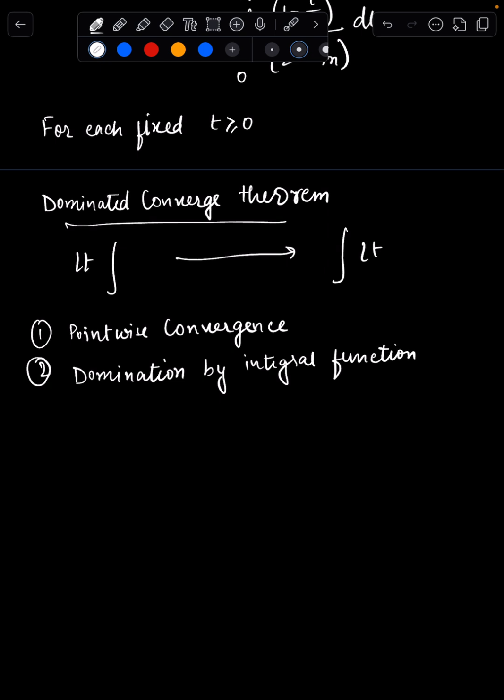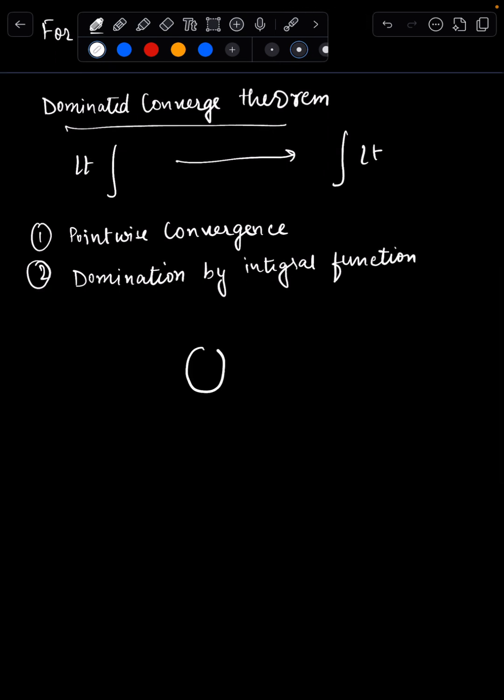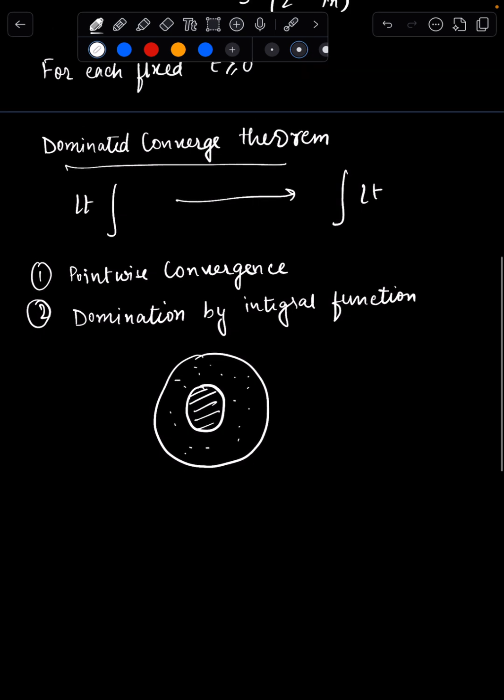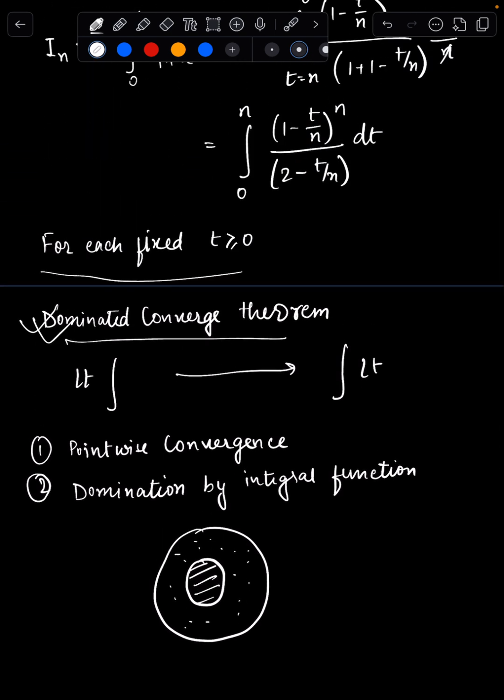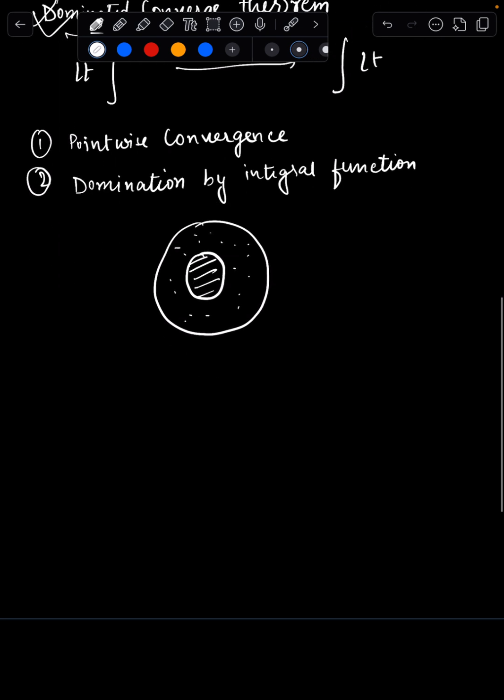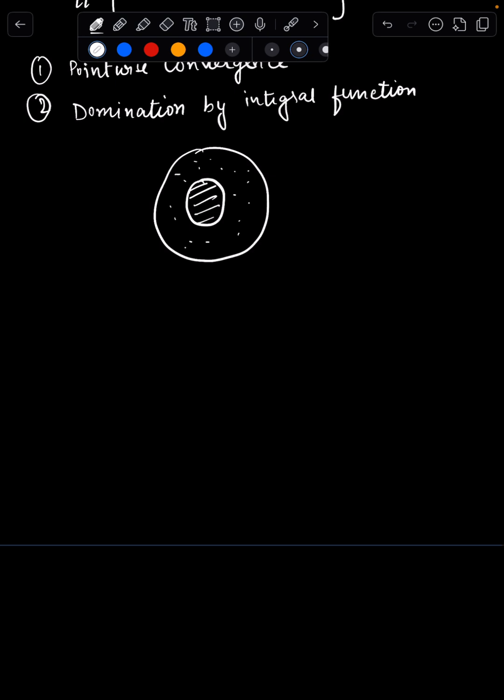So what does that mean? If your limit is applied to this region, the integral must be applied to this bigger region. Only then can you actually apply the dominated convergence theorem. So for each fixed t greater than or equal to 0, we are going to check whether it is pointwise convergent or not.